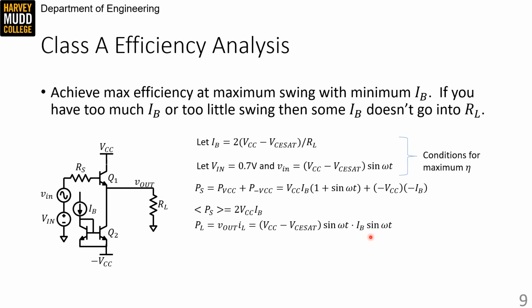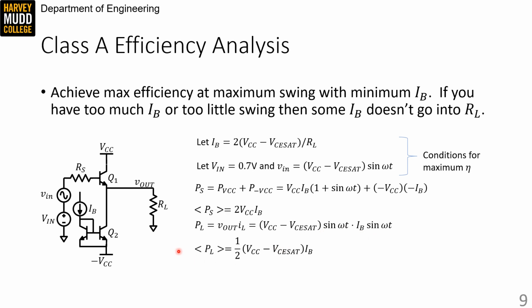It's just our output signal divided by RL. And again, I've decided to write VCC minus VCE sat over RL as IB here, rather than as the full notation. Time averaging this, these two factors of sine turn into a factor of a half.